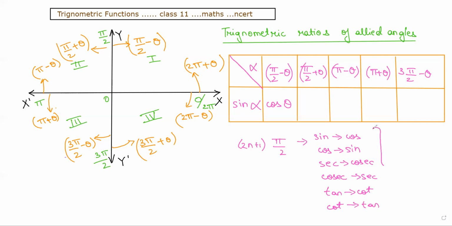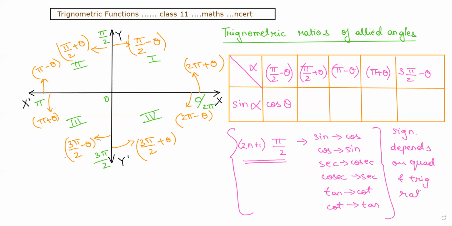Apart from this, for 2n plus 1 into pi by 2, the sign convention depends on the quadrant and the trigonometric ratio.